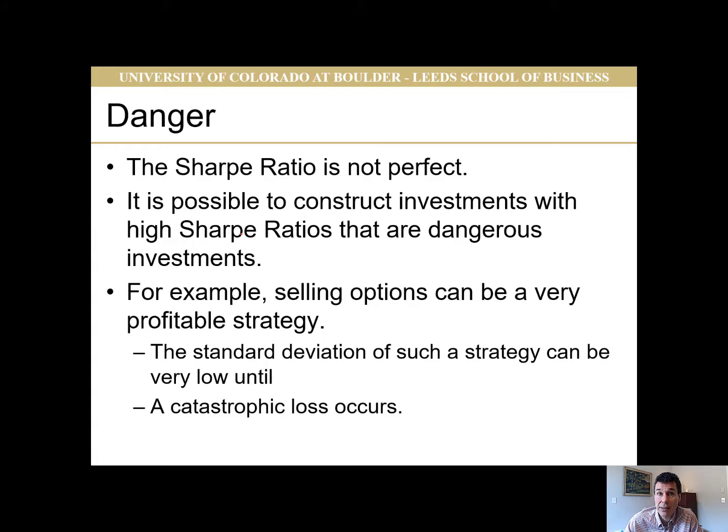Now that doesn't show up in the Sharpe ratio because you're always making money. So the standard deviation of returns is basically zero until one day you wake up and you're bankrupt. So the Sharpe ratio isn't perfect, but it's a reasonable measure. It's a reasonable starting point for measuring risk.